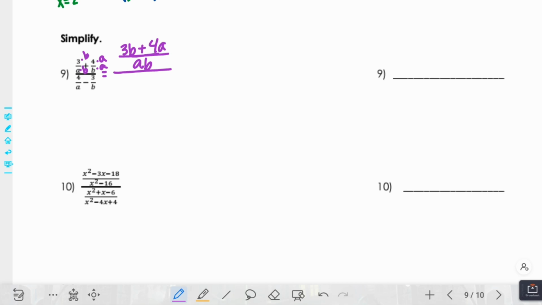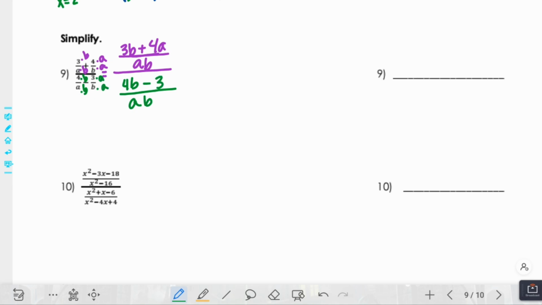In the denominator, I'm going to do something very, very similar. So on this one, I'm going to multiply my first fraction by b over b. That gives me 4b over ab. Then I have my minus sign, and then I've got to multiply my 3 over b times a over a.